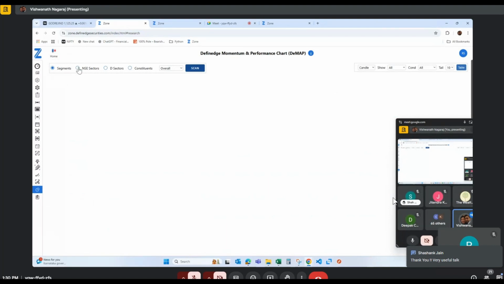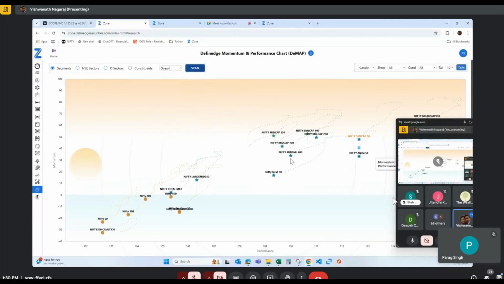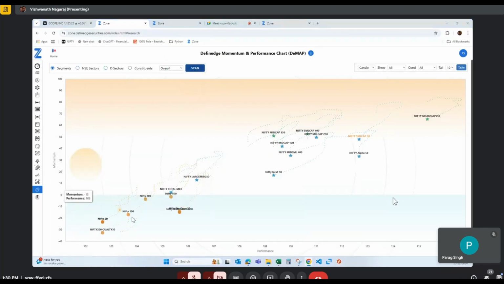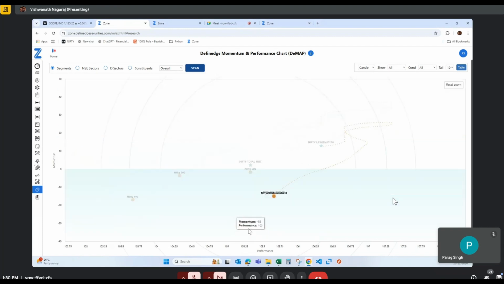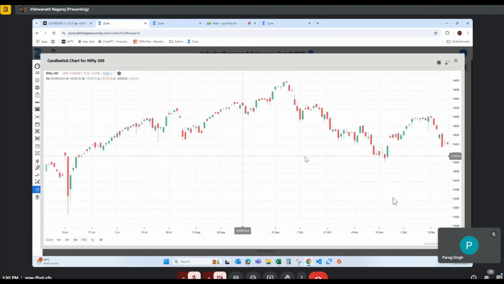Let's go NSE sectors, but where I can't break into, it's a very interesting part, but I can't really. Nifty 200. Where is Nifty 200? Here. I'll see only the chart of Nifty 200 here.